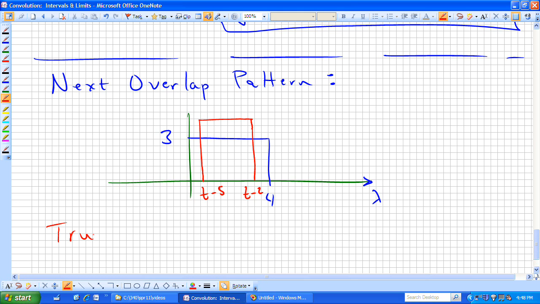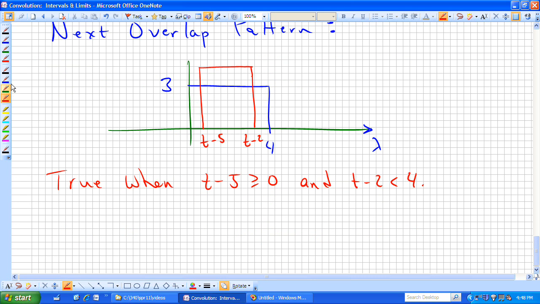Or this particular pattern is true when t minus 5 is greater than or equal to 0 and t minus 2 is less than 4. Or if we solve these for t, we see t is greater than or equal to 5 and t is less than 6. That's the interval over which this y of t expression will be true.